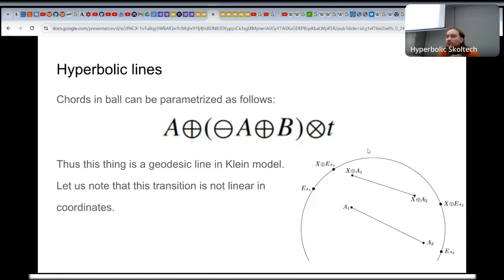But can you repeat this somehow, because this construction sounds strange. I mean, why did we take minus A plus B in the gyrovector? Okay, that's not what I checked here.